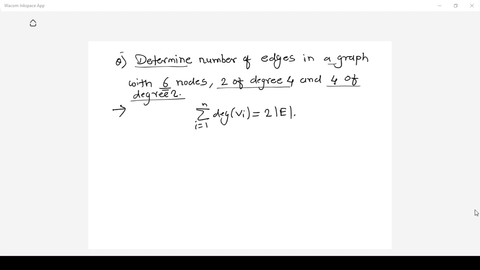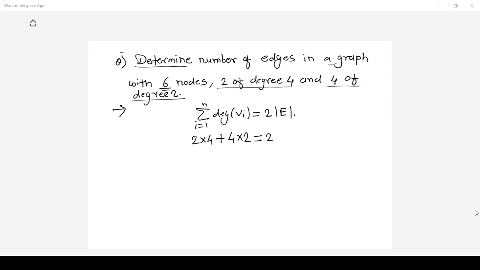Now in this graph there are 6 vertices. Among the 6 vertices, 2 vertices are of degree 4. So 2 into 4, plus the remaining 4 vertices are of degree 2.